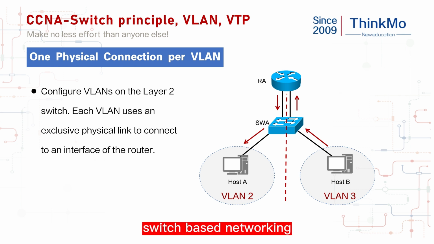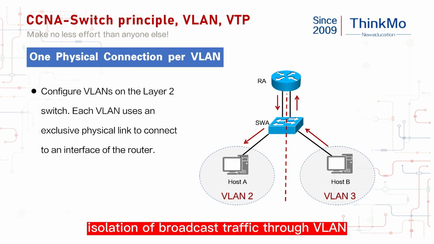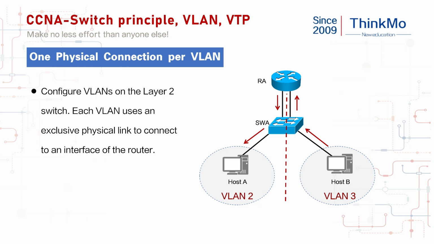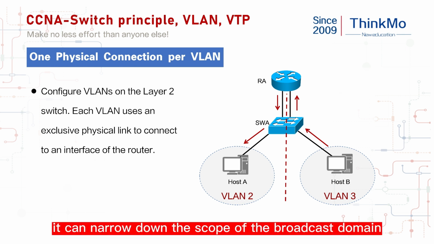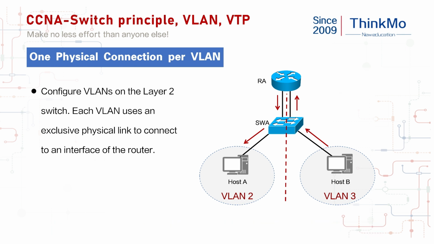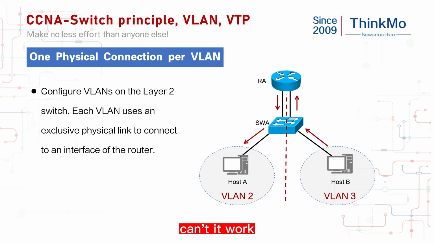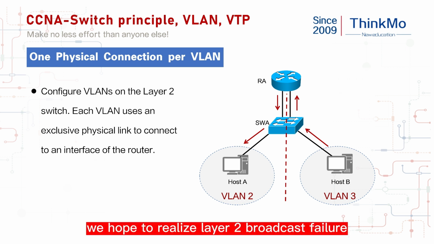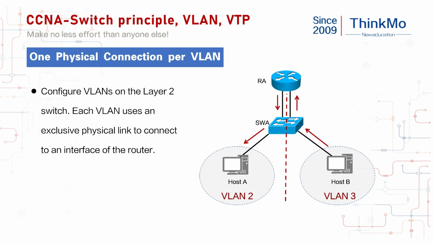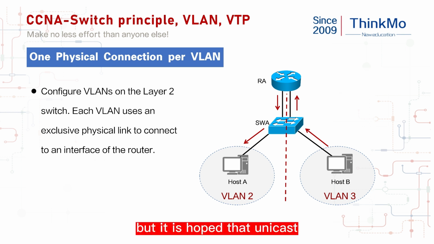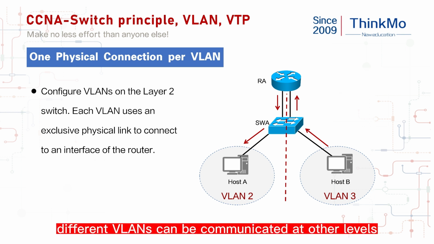In switch-based networking, isolation of broadcast traffic through VLAN narrows down the scope of the broadcast domain. What if unicast communication is desired between devices across VLANs? Can't it work? That is to say, we hope to realize layer 2 broadcast isolation, but unicast between different VLANs can be communicated at other levels.